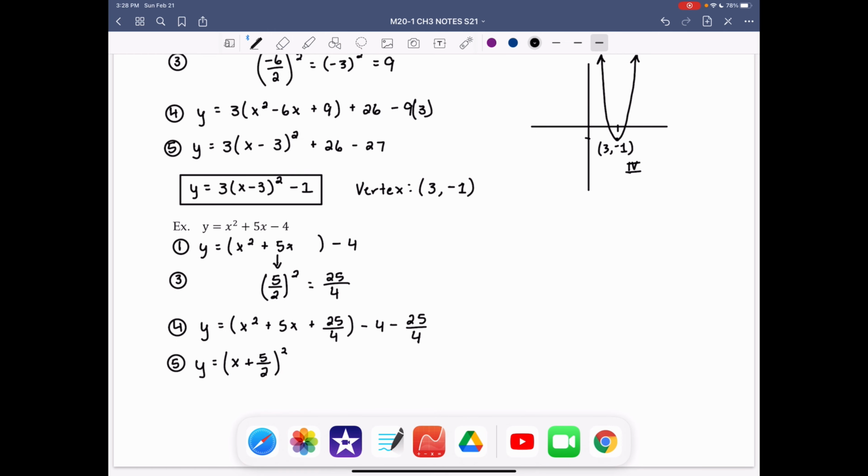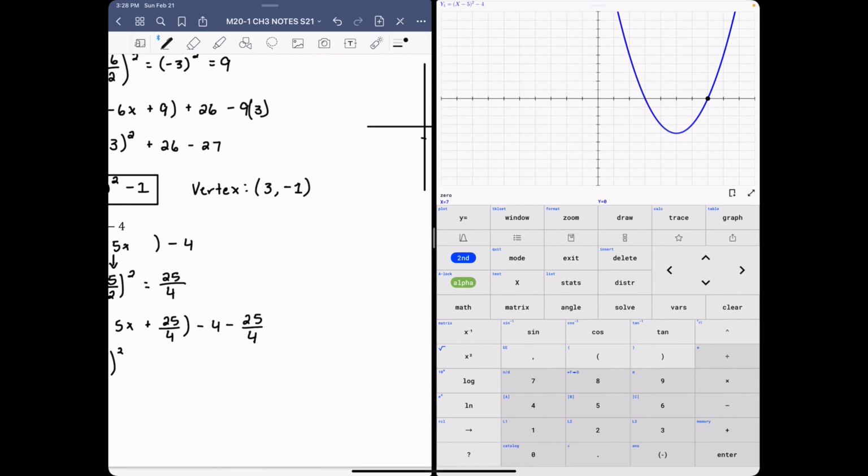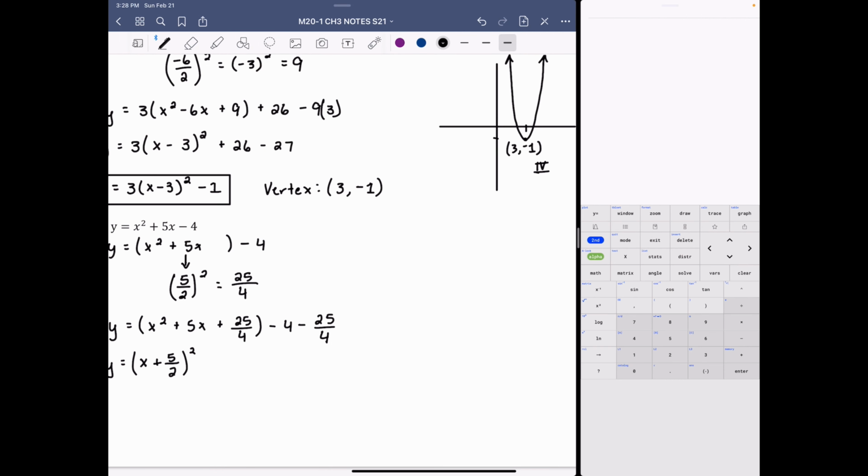I'm going to use my calculator. Negative 4 minus bracket 25 divide 4, close bracket. You can enter it as a fraction as well. And we get negative 10.25. I'm going to change that to a fraction. Math, enter, enter. And I get negative 41 over 4.